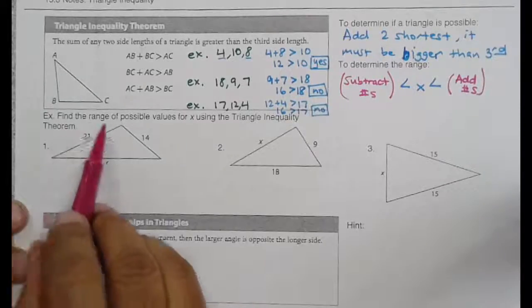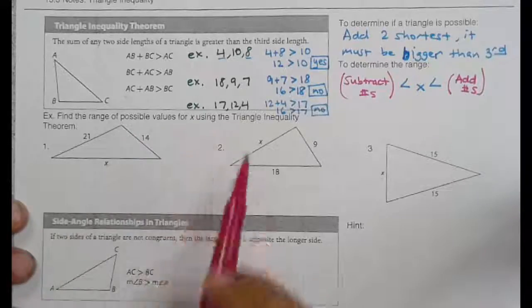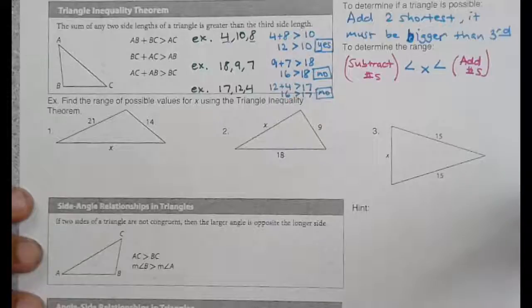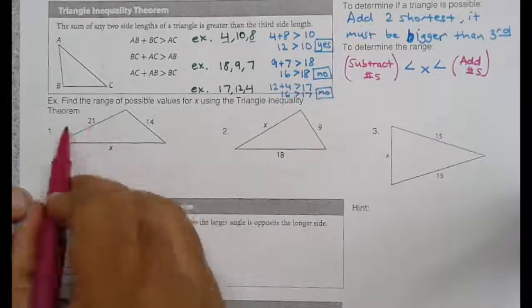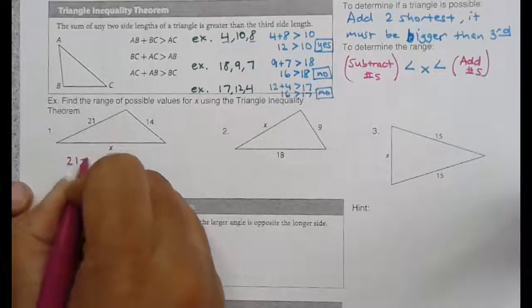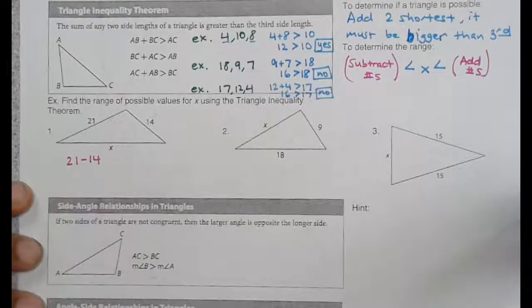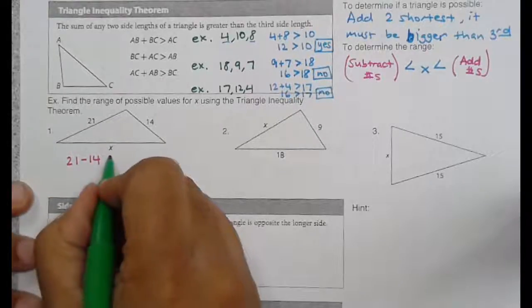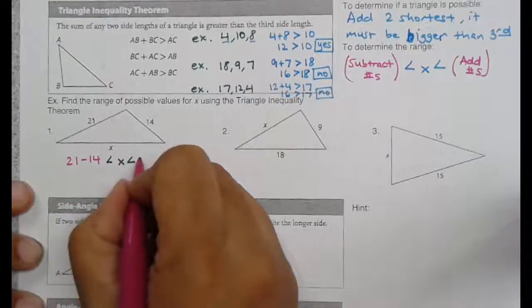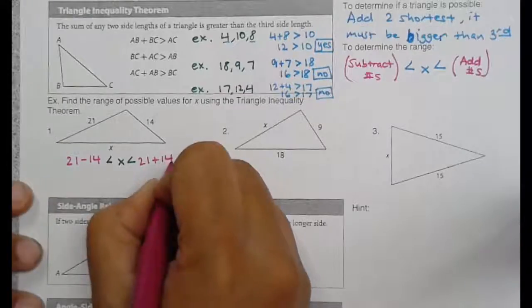So let's go ahead and find the range of possible x values using the triangle inequality theorem. Here we go. We're going to take these two numbers, and to get the smaller number, we're going to subtract 21 minus 14, and that'll be less than x, less than, and then we're going to add the numbers, 21 plus 14.